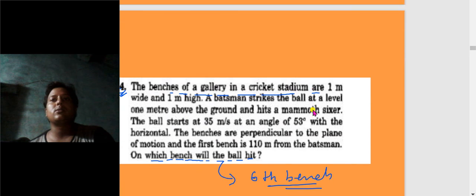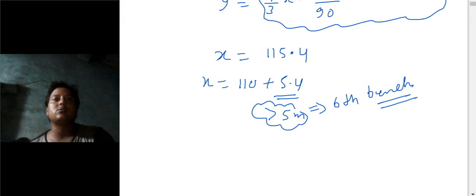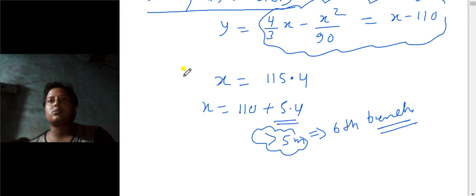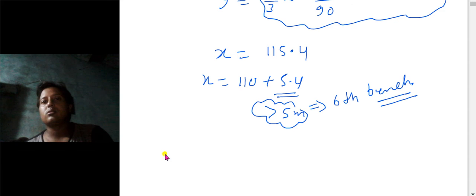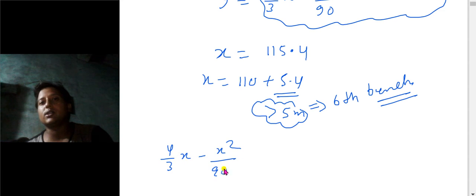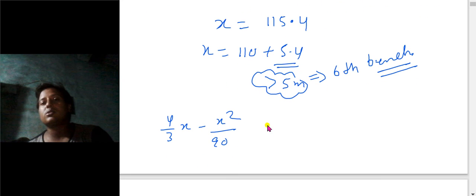There are problems in solving this quadratic equation for students. So let's see how we can easily solve this equation. 4 over 3 x minus x square over 90 equals x minus 110.